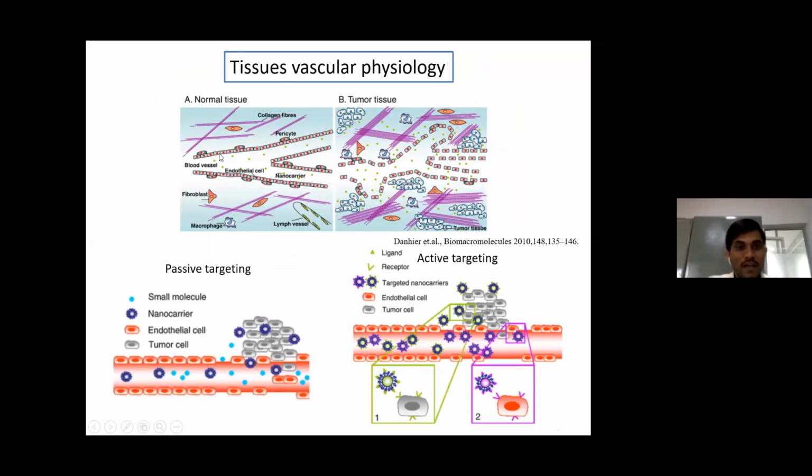When we see the normal tissue, the endothelial cells are continuously lined with pericytes and surrounded by extracellular space with collagen fiber, fibroblasts, macrophages, and there is a proper lymphatic vessel for maintenance of the fluid balance. But when we see tumor tissue, we can see these endothelial cells are discontinuous. There is a high percentage of collagen fiber.